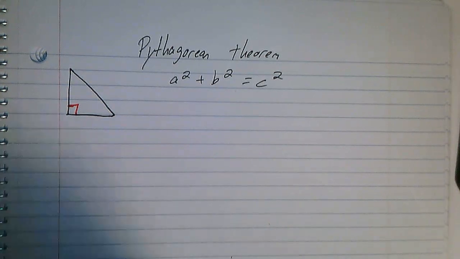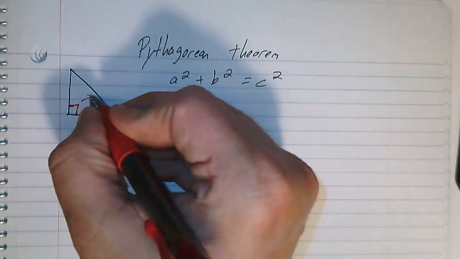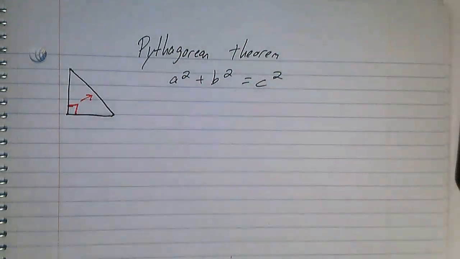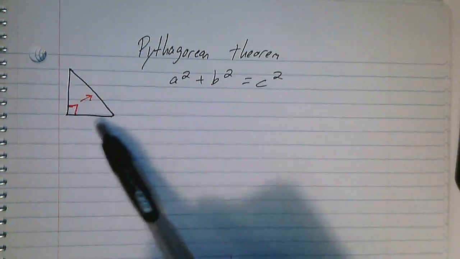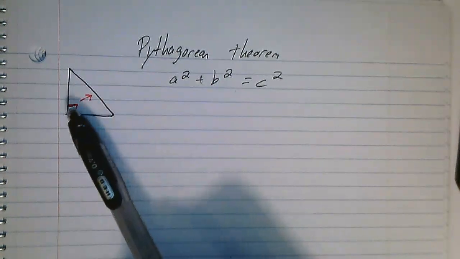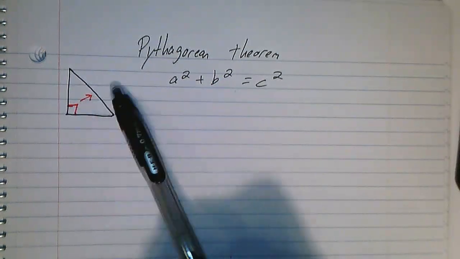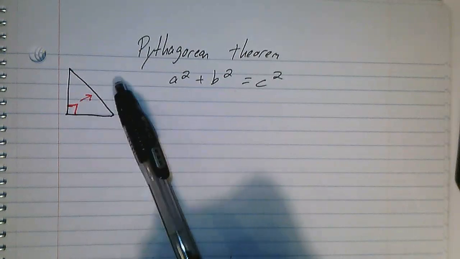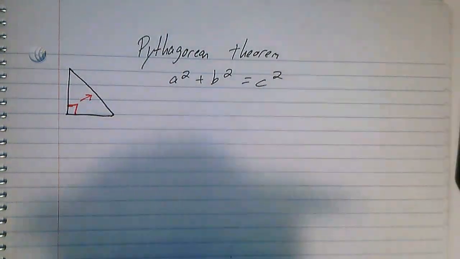The side that's across, so they use this word opposite in math. The side that is opposite the right angle, we're talking about the side that is directly across from the right angle. And that side is called the hypotenuse.